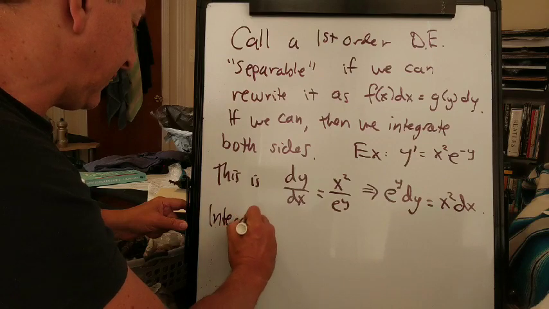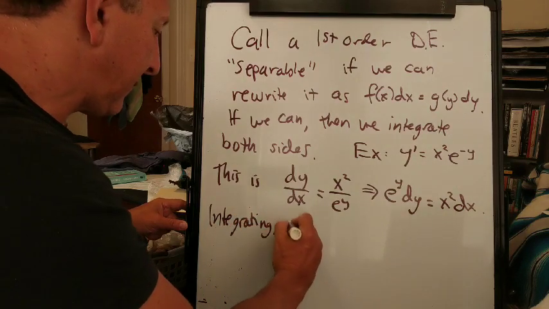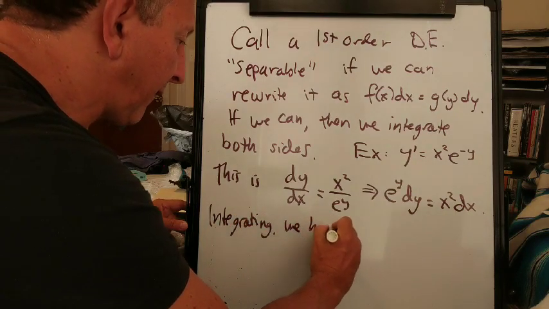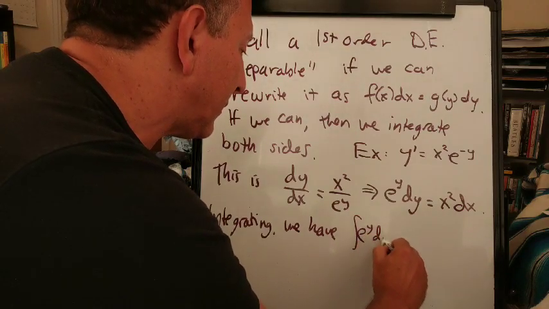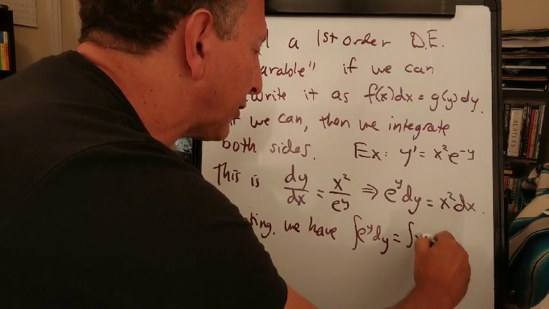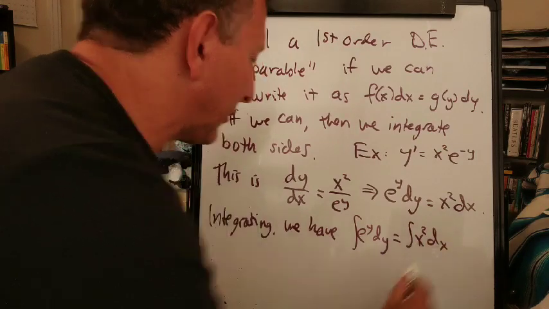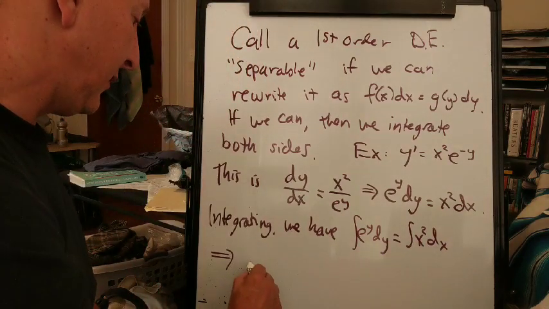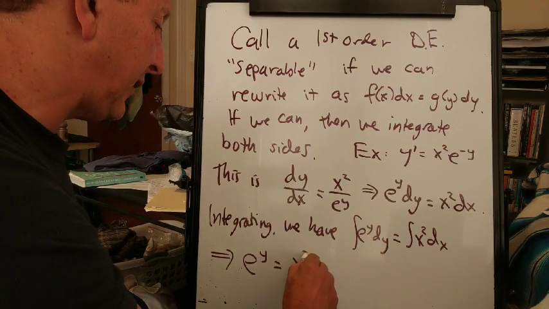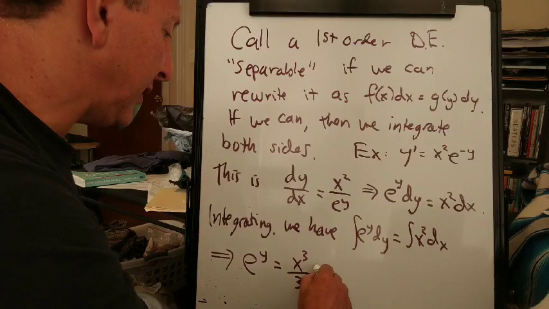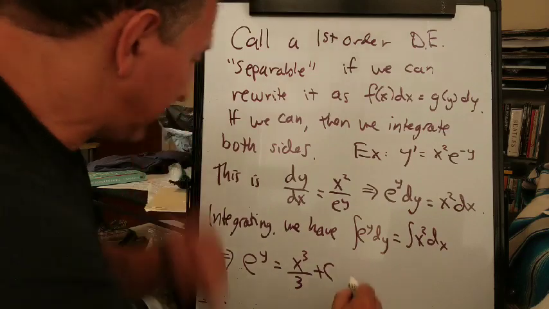So integrating, we have integral of e to the y equals integral of x squared, and those are both easy to integrate. So e to the y equals x cubed over 3 plus c.